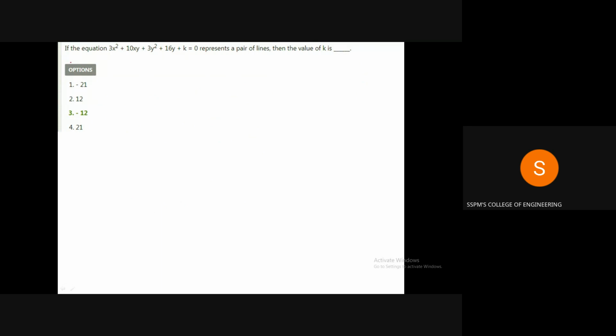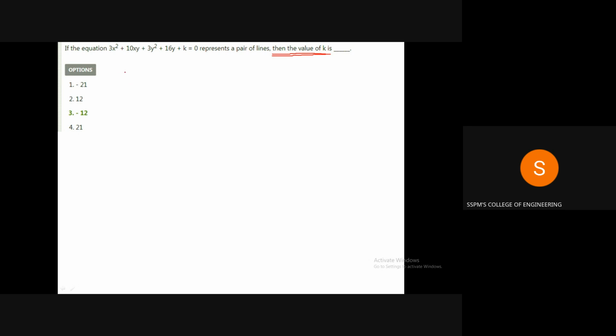What is given? If the equation 3x square plus 10xy plus 3y square plus 16y plus k is equal to 0 represents a pair of lines, then we have to find the value of k. We have already solved such questions. If anyone knows how to solve, just solve it.